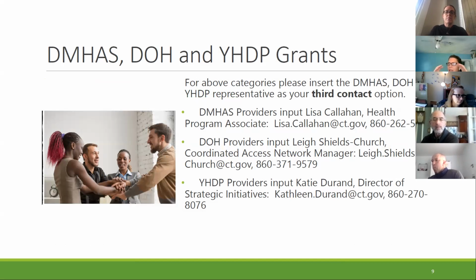So if the grantee, the grant recipient, is DMIS, you're going to put Lisa Callahan's name as the third contact. If the grant recipient is DOH, you're going to put Lee Shields Church as the third contact. And if your grant is YHDP, no matter who the recipient is, put Katie Durand as the third contact option. And that way they will receive some of the emails and know what's going on with these grants and be able to follow up if that's appropriate.